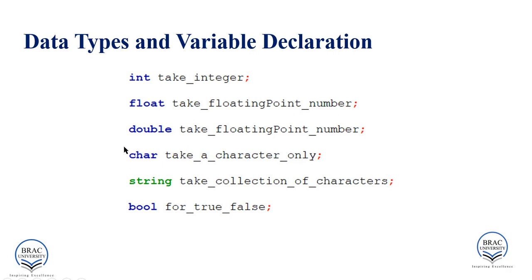Okay, then data types and variable declaration. There are 6 types of data we can use in C++: int, float, double, char, string, bool.